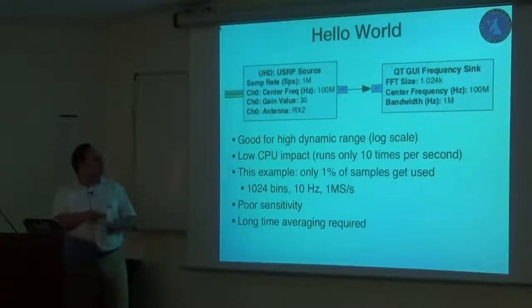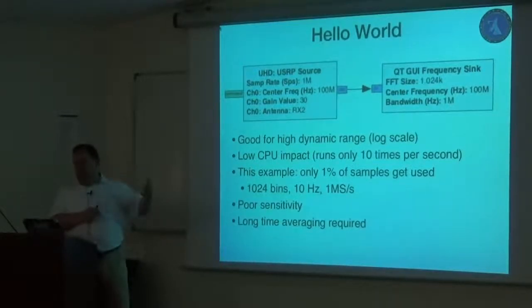Except you're not really, because this thing is sampling at the moment at 1 megahertz. This block takes 1,000 samples that get turned into an FFT, and this only runs 10 times per second. So actually, you have 1,024 bins, 10 times per second, that's 10,000. That's only 1% of your samples that you're using.